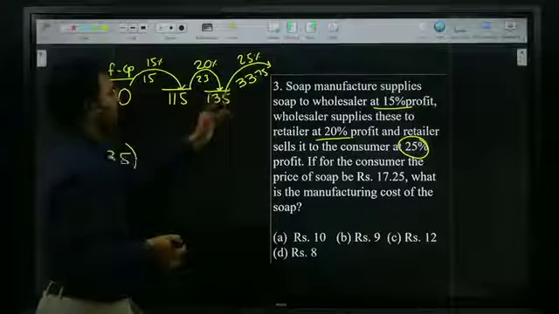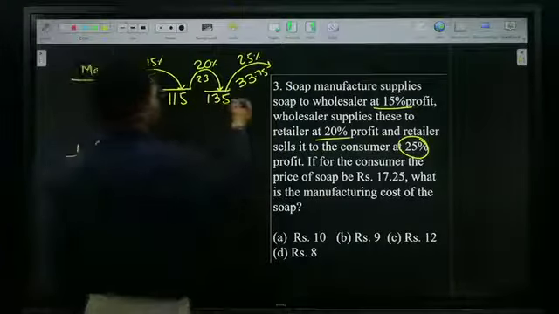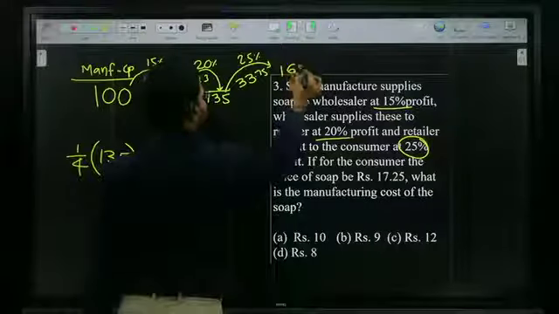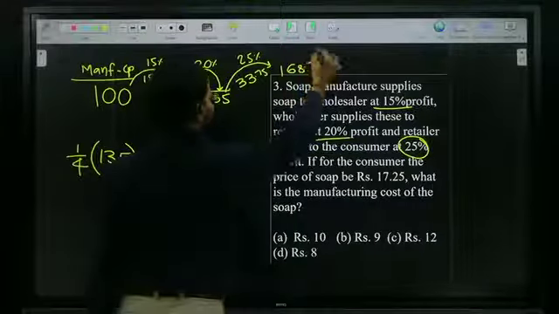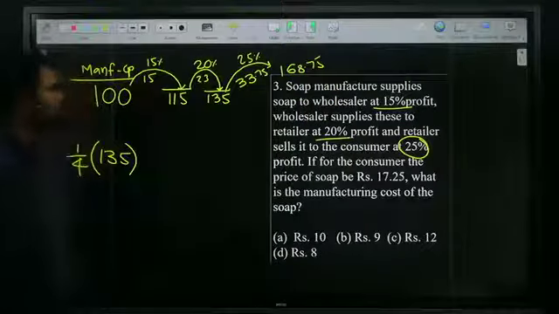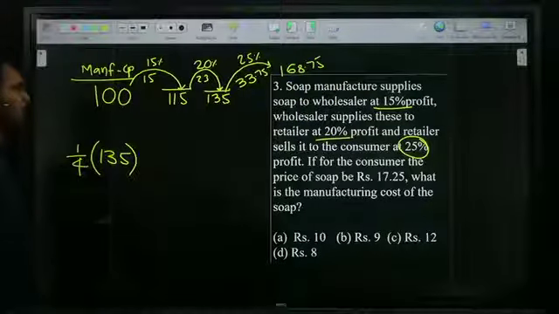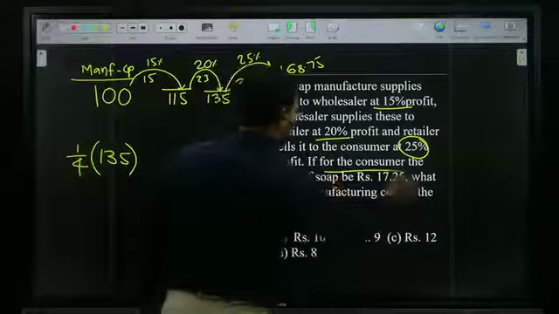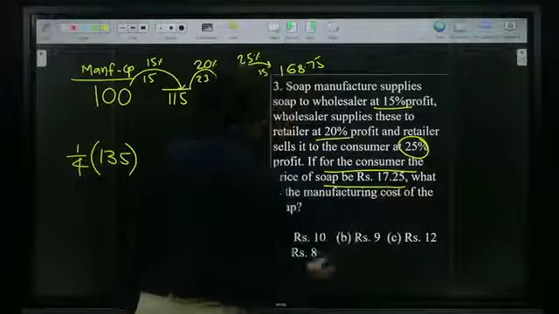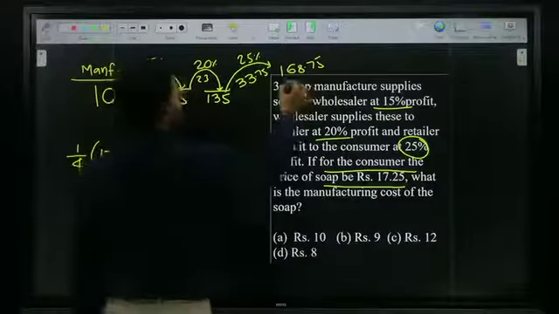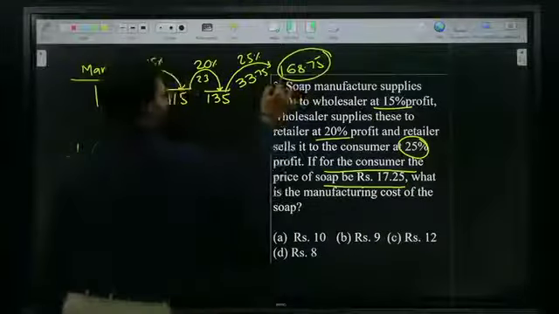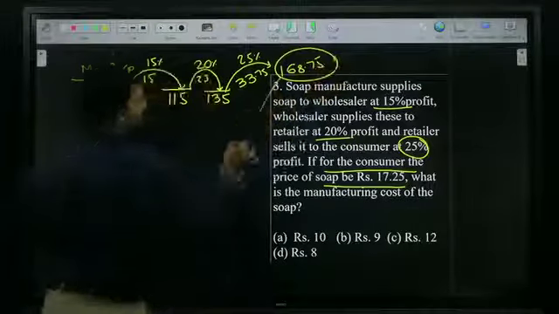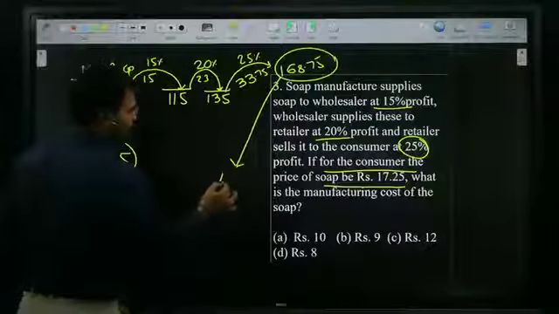So it becomes 168.75. But according to our problem, finally the consumer pays how much? 17.25. So according to our problem, this 168.75 is equated to 17.25.